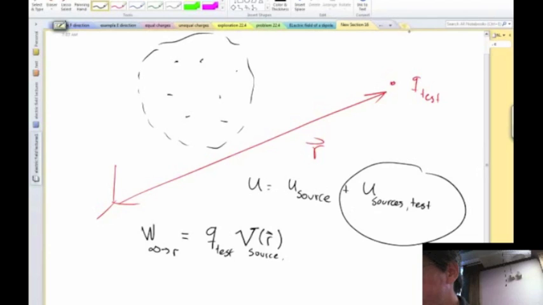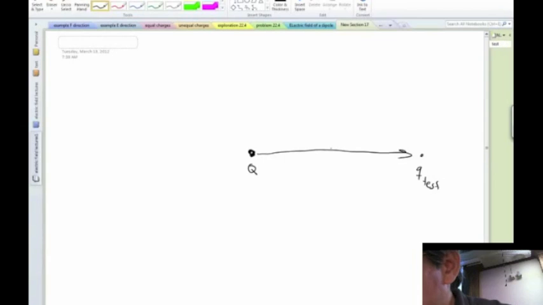So if you have a charge Q somewhere in space here, and you bring another charge Q test from infinity all the way to a distance r from Q, then we know that the potential energy of that interaction is given by K Q Q test divided by r, right?